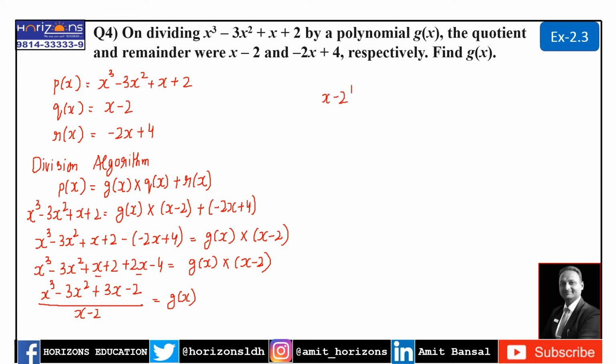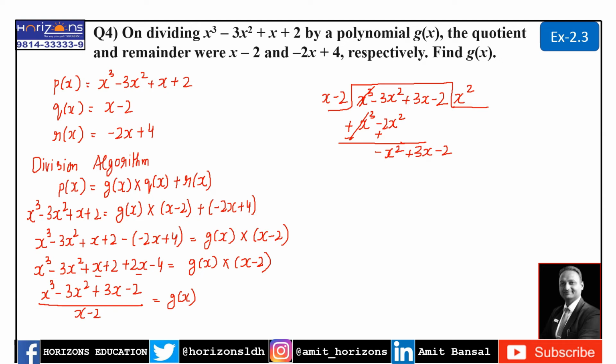So x minus 2 is the divisor, and x cube minus 3x square plus 3x minus 2 is the dividend in this case now. So x into x square is x cube, minus 2 into x square is minus 2x square, minus 3 plus 2 is minus x square, plus 3x minus 2.